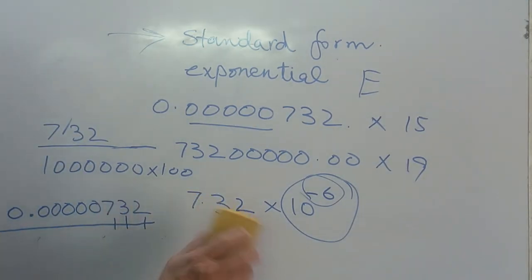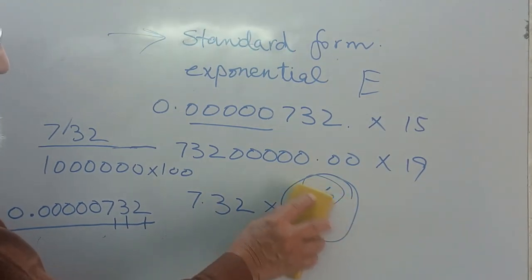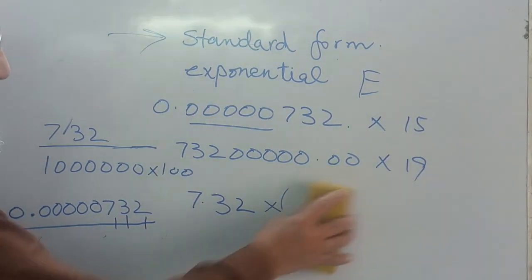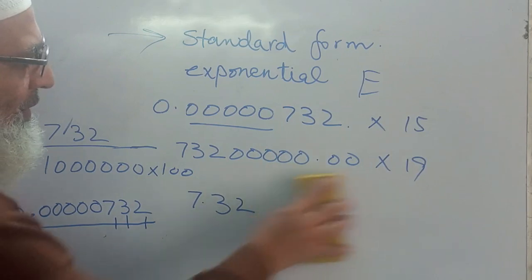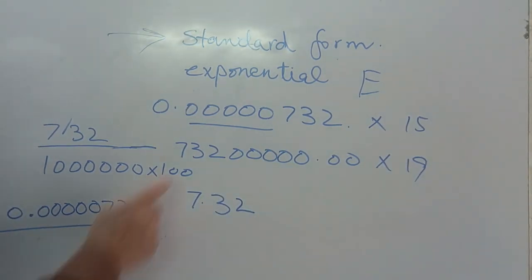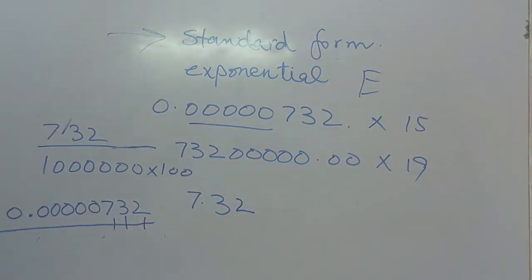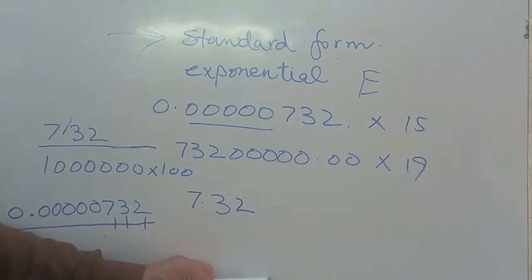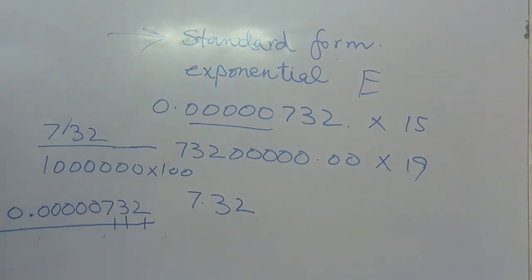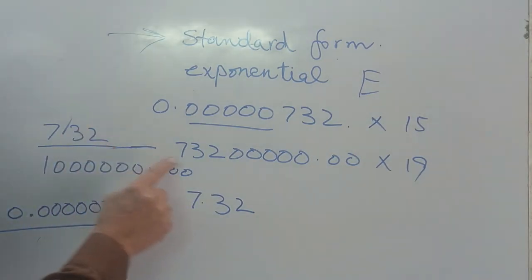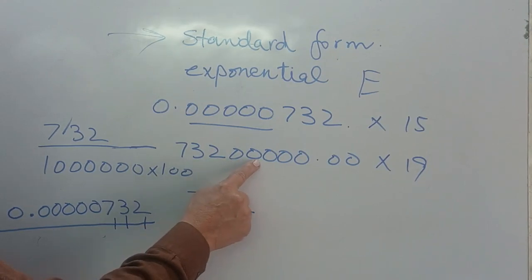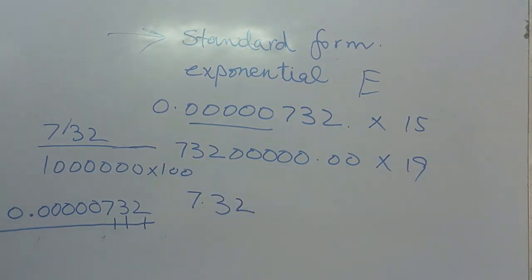Okay, now I rub it like this. Now how many zeros are there again? 1, 2, 3, 4, 5 zeros, and what I have written is 7.32. Now just count 1, 2, 3, 4, 5, 6, 7.